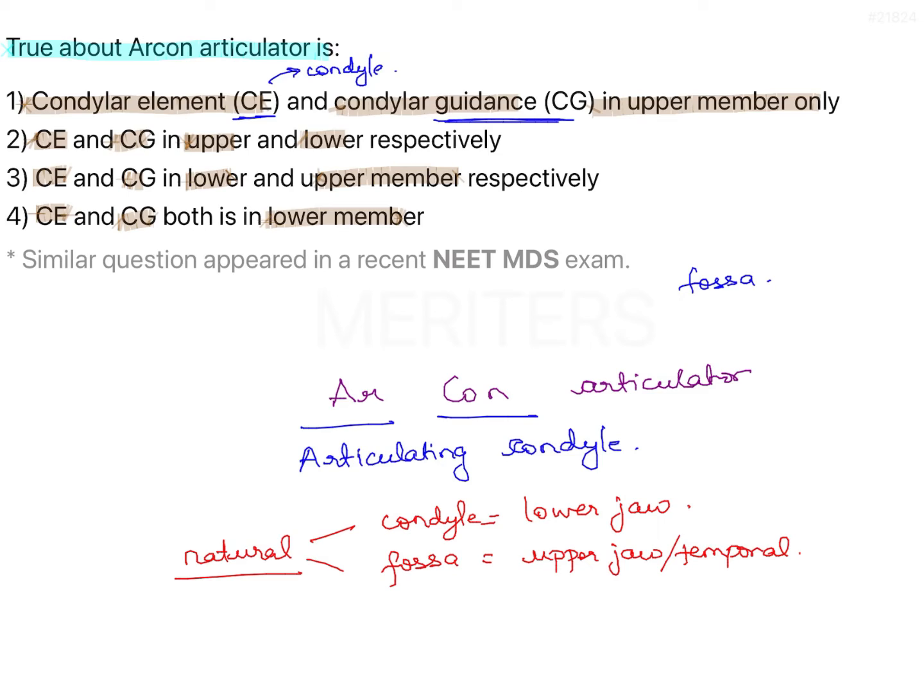Now, if the same thing is replicated in the articulator, then it is called an Archon articulator. That means the condylar element should be in the lower jaw and the condylar guidance should be in the upper jaw.